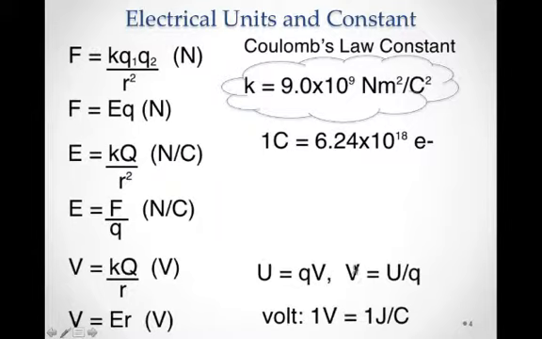Therefore, electrical potential is how much electrical potential energy there is per charge. So 1 joule per coulomb is equal to 1 volt of electrical potential.